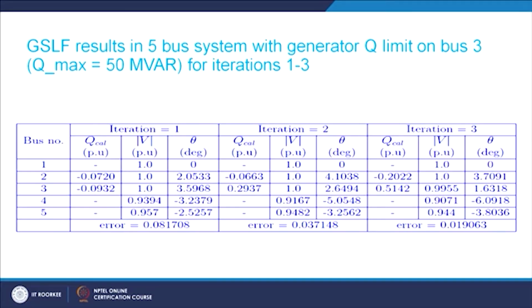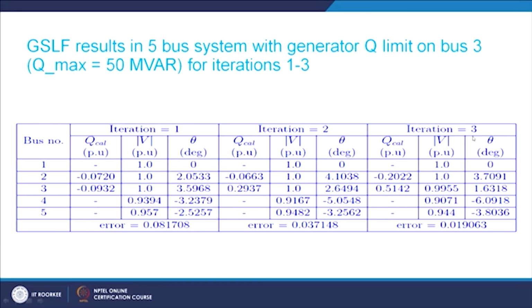For bus 3 it is minus 5 and plus 0.5, but in the first two iterations the calculated reactive power at bus 3 is well within the limits. As a result, the voltage magnitude at bus 3 is maintained at 1.0, although the angles are being calculated, and for bus 4 and bus 5 we are doing similar calculations.